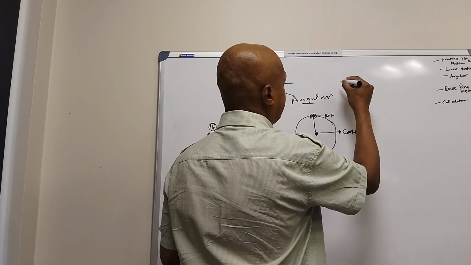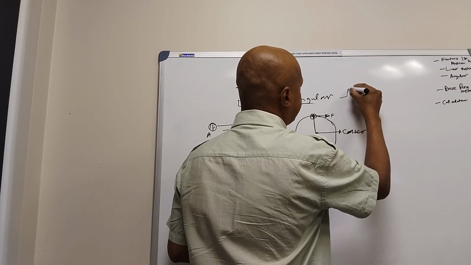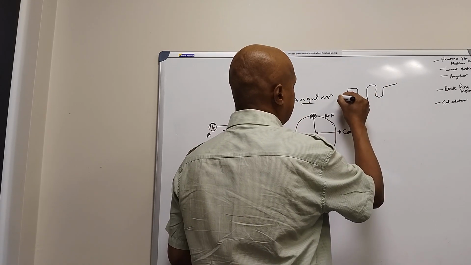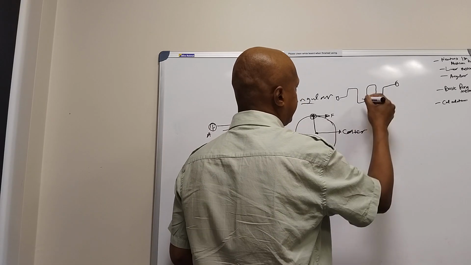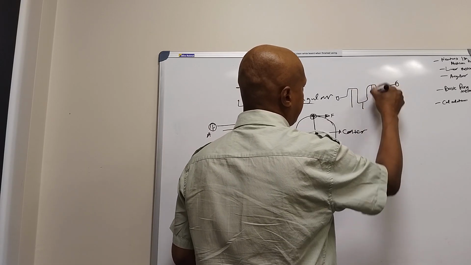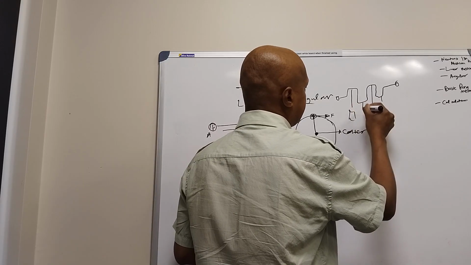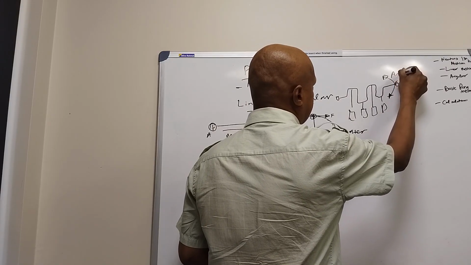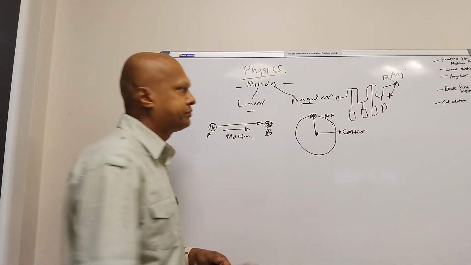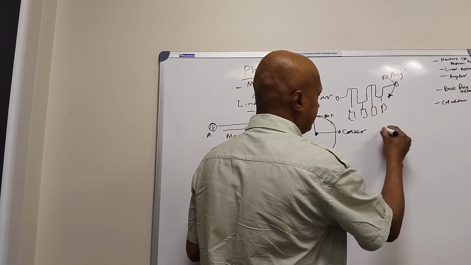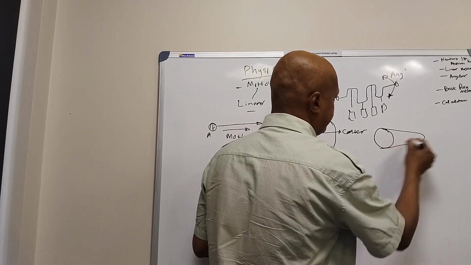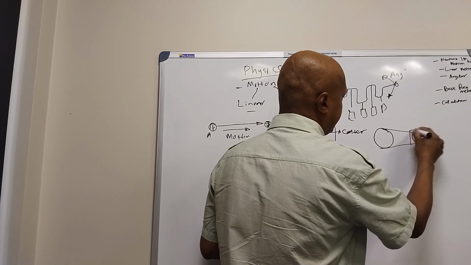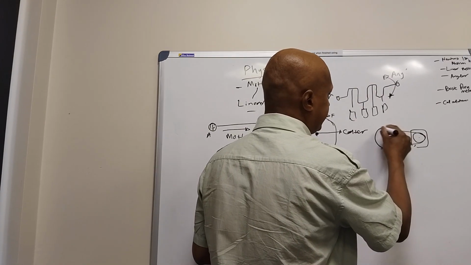So let's have, for example, a crankshaft. In a car we have crankshafts, with the piston rods connected to the crankshaft. That's an angular motion. Or you can have a belt drive, like a motor, and that's a pulley.